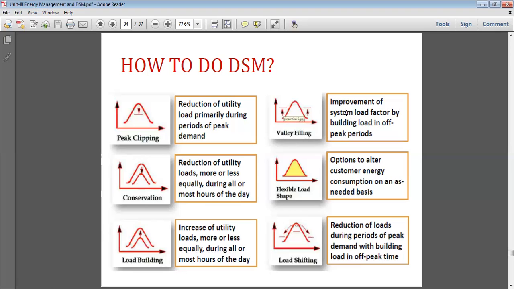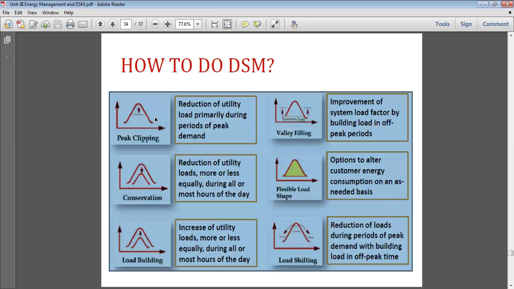Now the valley filling: improvement of the system load factor by building load in the off peak period. Our objective is to maintain the load factor as near to unity, isn't it? In this case, the load factor will be small because this is the average load, whereas the maximum demand is very high, and under such condition the load factor is smaller.